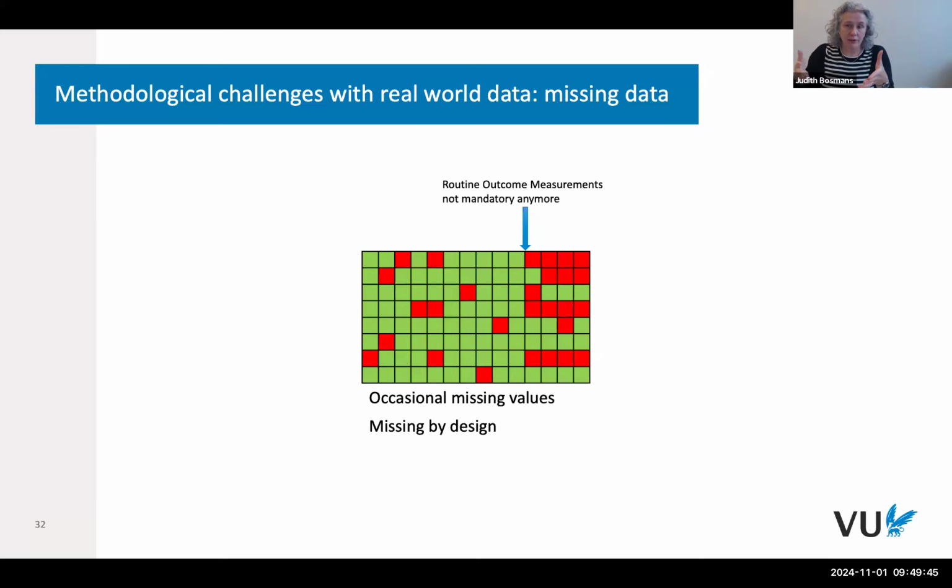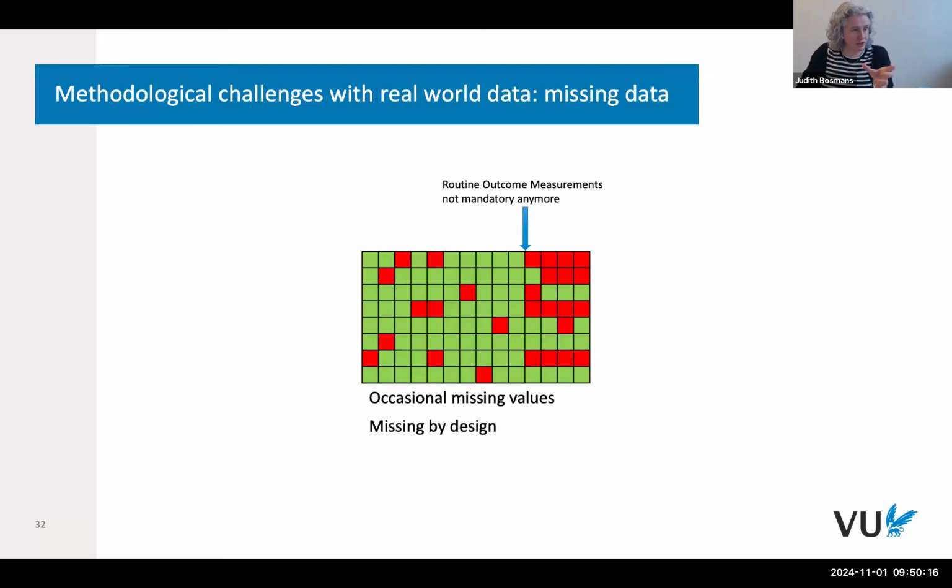That was done up until 2017 very regularly. Every 6 months, every patient had to fill out some questionnaires about the mental health status of the patient. However, after 2017, that was not mandatory anymore. So then you can see that there's lots of missing data, monotone missing data, but that's missing data by design. So you probably know what happens in your country.